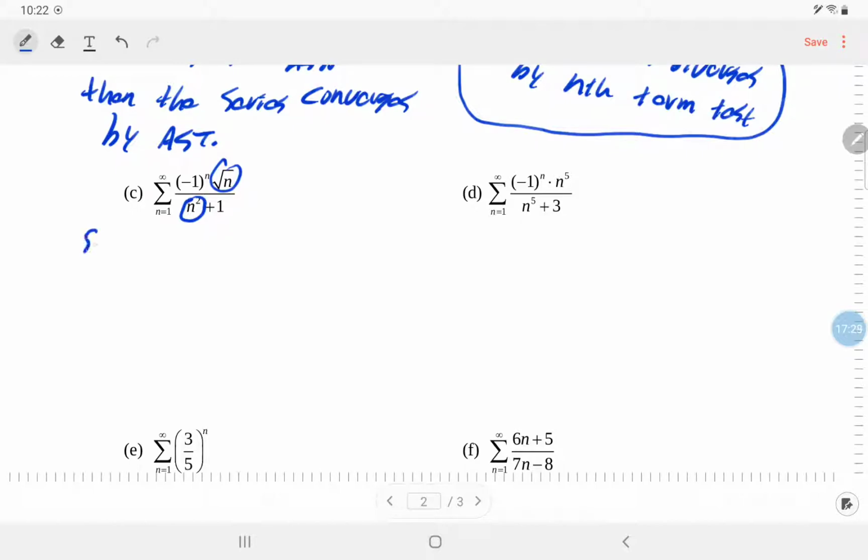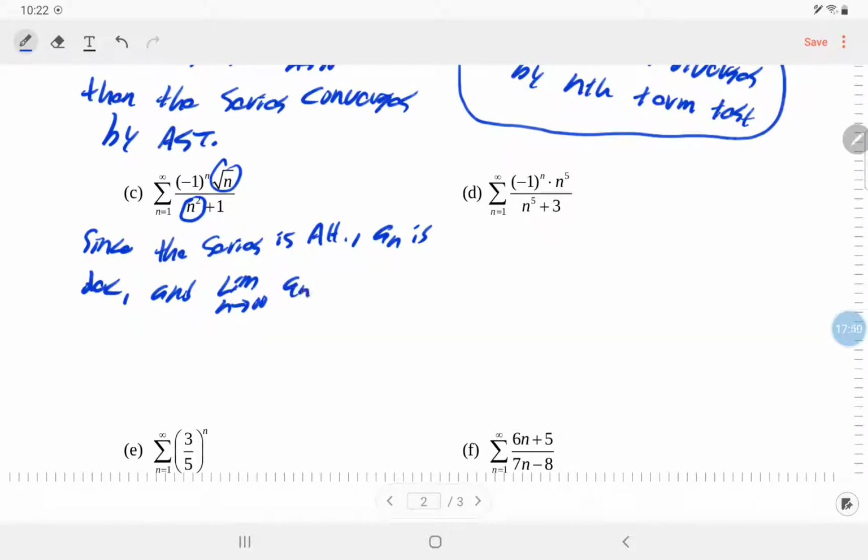So since the series is alternating, A sub n is decreasing, and the limit as n approaches infinity of a_n equals 0, the series converges by alternating series test.